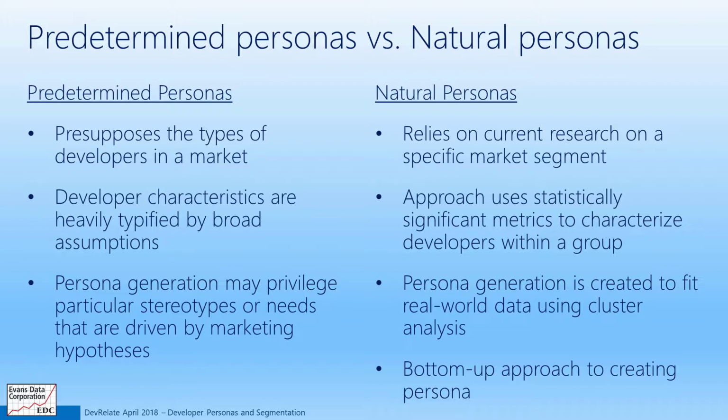For example, if company A says that they know that their tools are being used by enterprise types, by startups, and by hobbyists, and that there are certain characteristics that define these three groups, we can create studies that concentrate on validating the existence of these three personas.